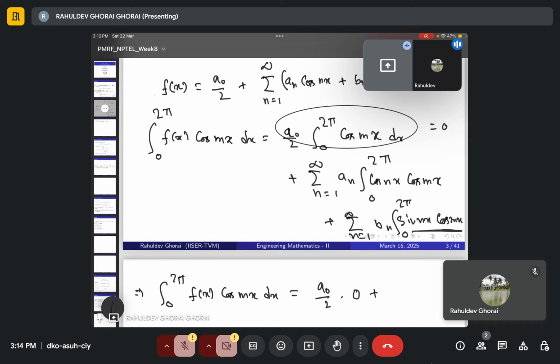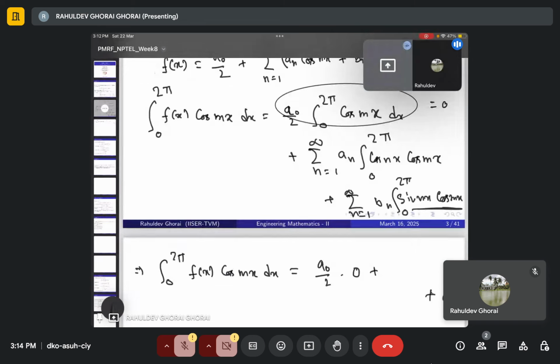Plus, in the last series also, I am writing 0 because they are orthogonal. And in the middle series, the second term, you will have only the mth term.